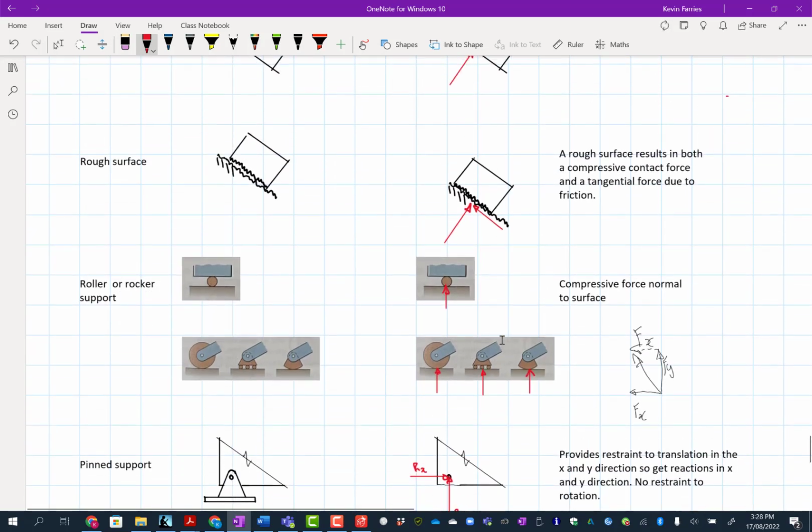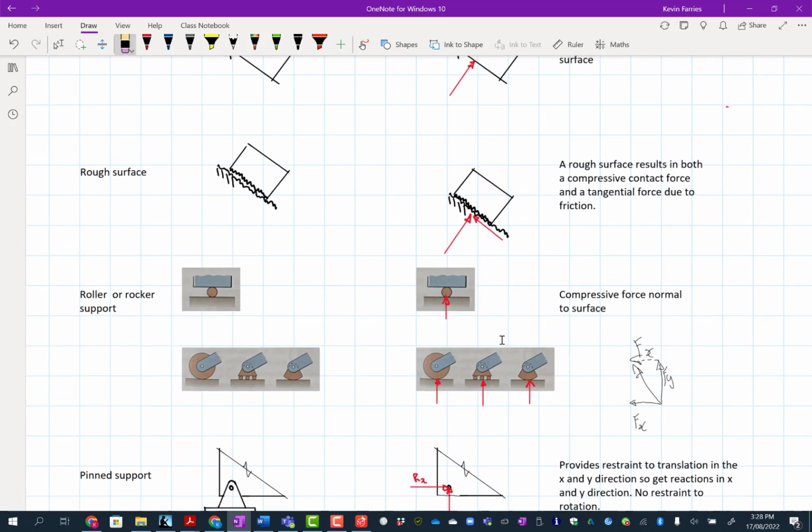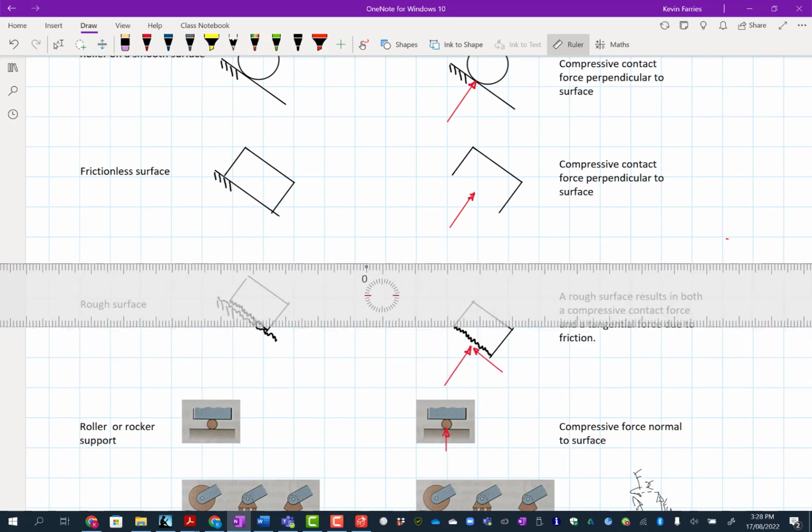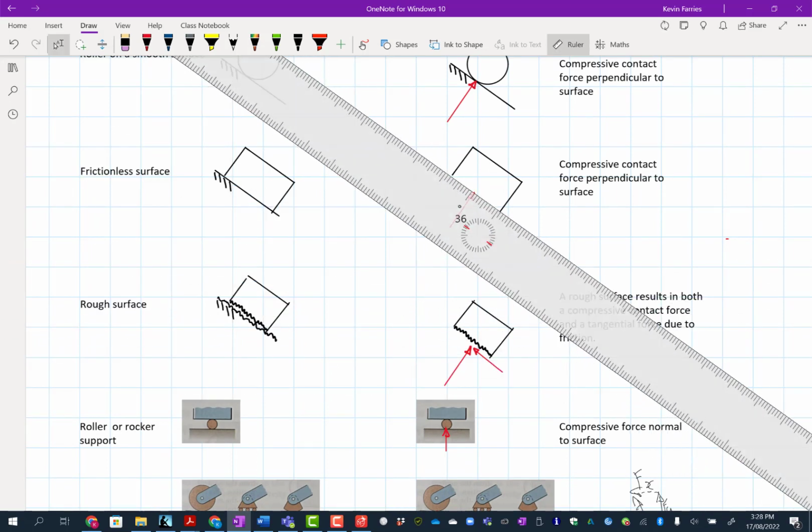Have I done that for the others? I have. That's interesting. So you shouldn't be drawing that because you're just drawing a free body diagram. Similarly here, shouldn't be drawing that surface. We should just be drawing the object that we're interested in for a free body diagram.